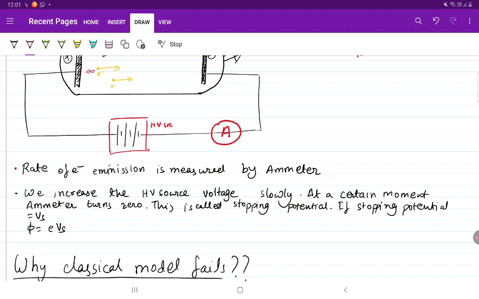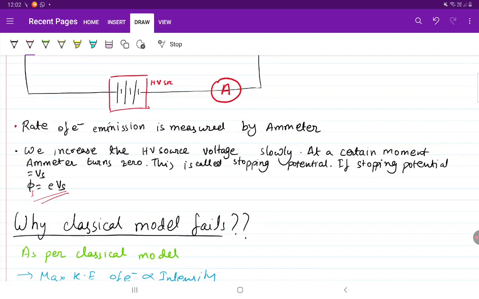Thus, there should be a point where the electrons come to rest. At that time the ammeter reading will be zero, and this voltage, which you get on increasing the voltage source slowly so that the ammeter reading can be made zero, is called the stopping potential. The relation between stopping potential and the cutoff energy is phi_s = e times Vs, and if you write it in electron volts, it will be only Vs. I hope you get it.